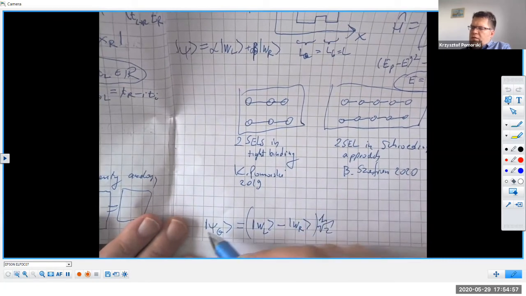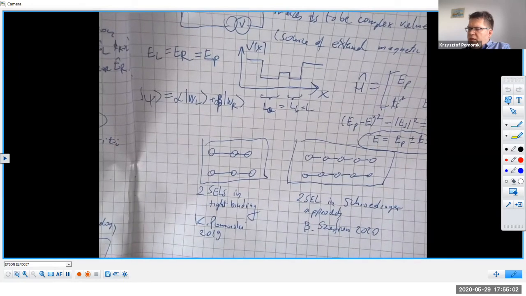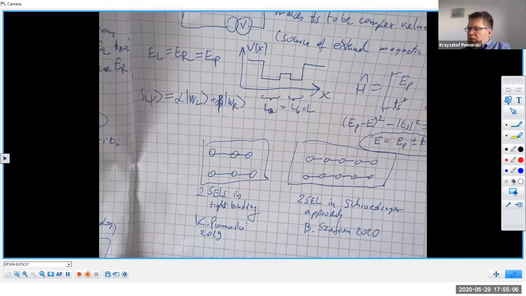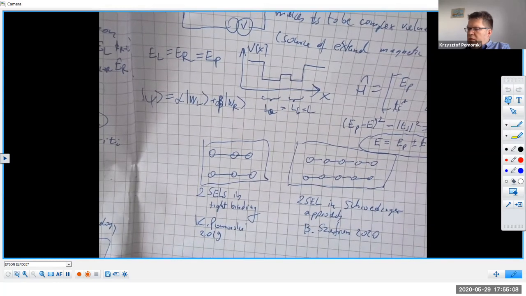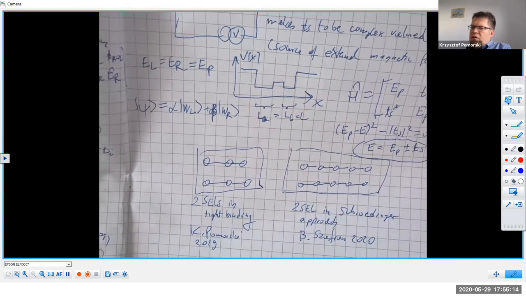This is your ground, and excited is VL plus VR, like this. So there's a combination of symmetric and asymmetric.